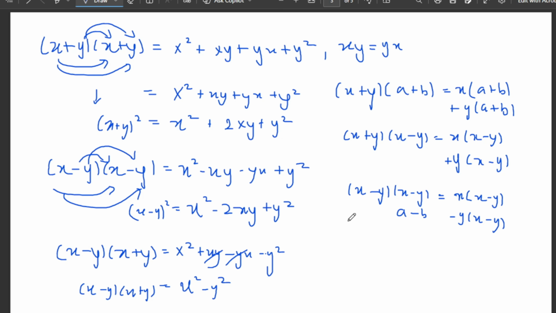We can actually switch them, so it will become a minus b times x minus y. It's the same thing. So this will be a times x minus y, and minus b times x minus y. Okay?